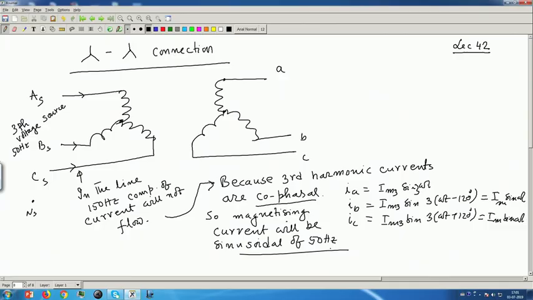That is, the conclusion is, therefore, flux in the core will have both 50 hertz and 150 hertz component.